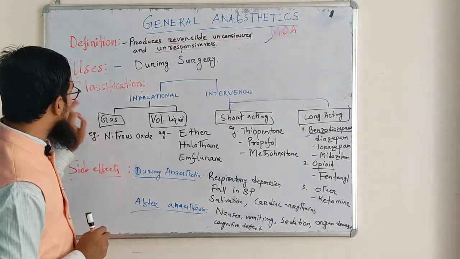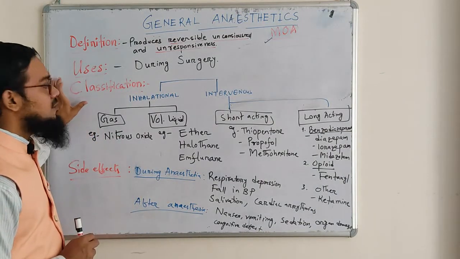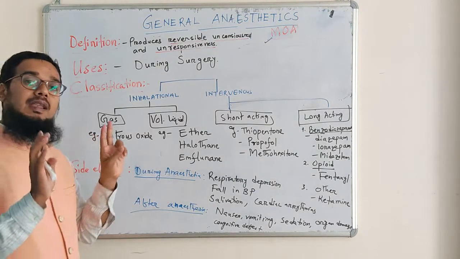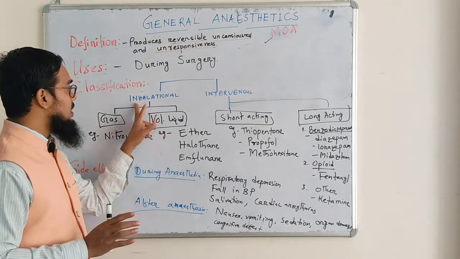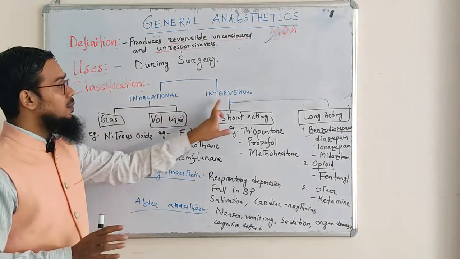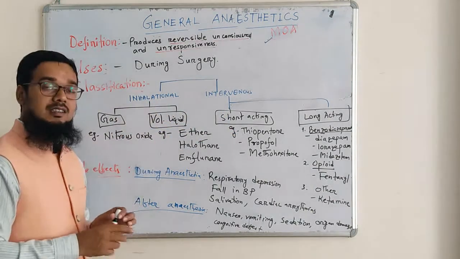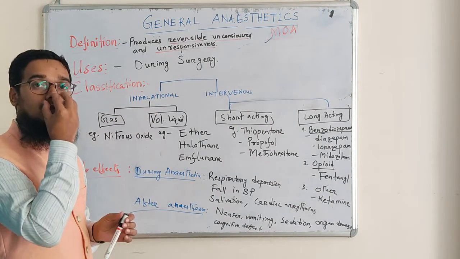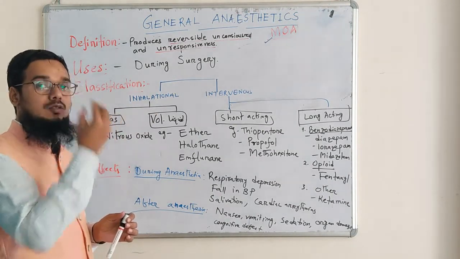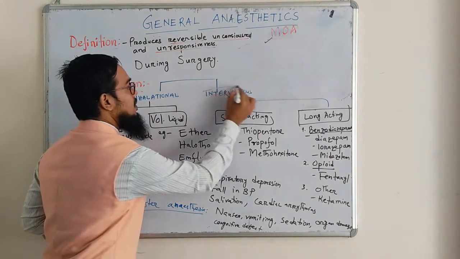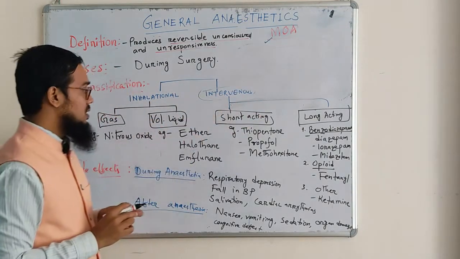Now we will discuss the classification. General anesthetics are mainly of two types: inhalational anesthetics and intravenous anesthetics. Inhalational anesthetics are given through a nose mask and go through our breathing, while intravenous ones are given in injectable form.